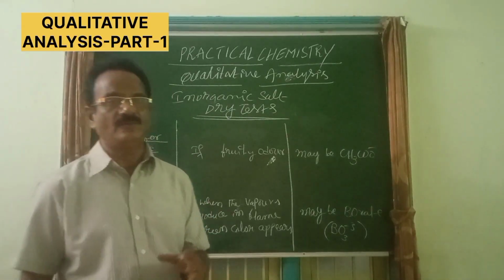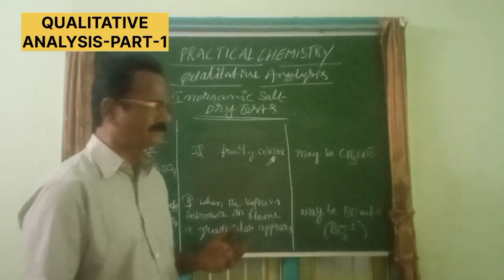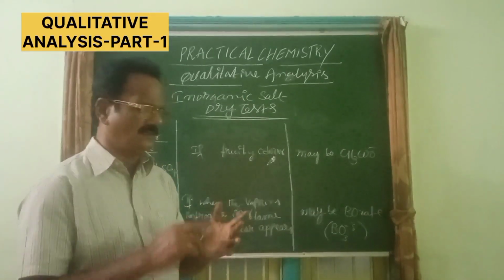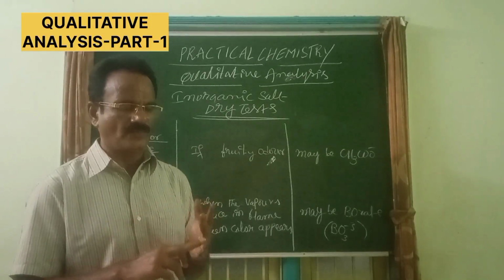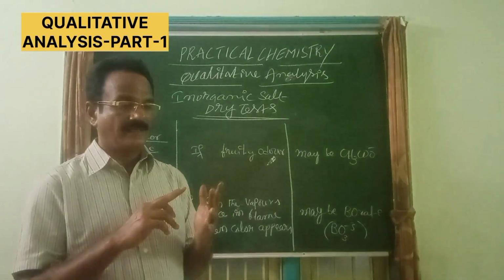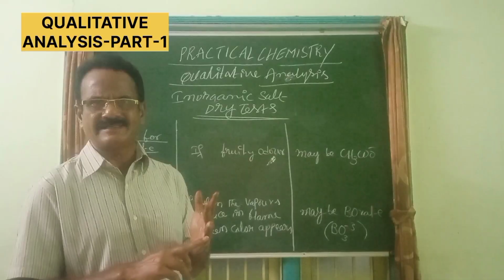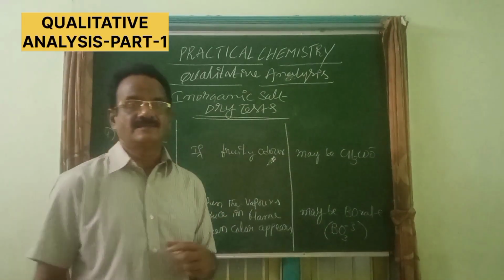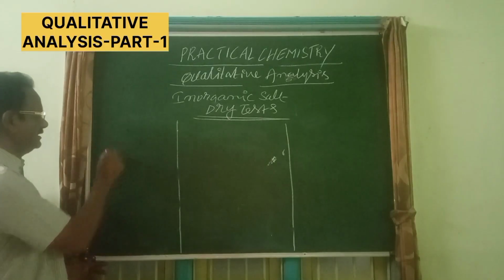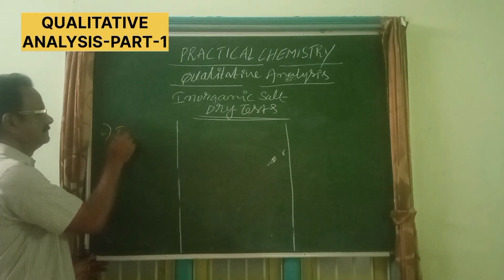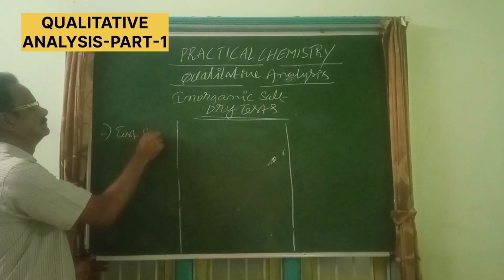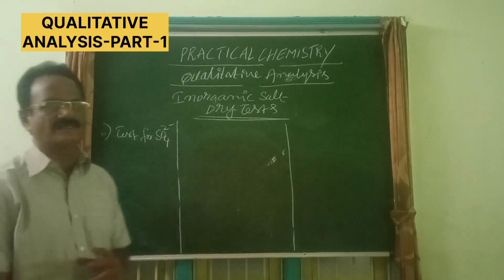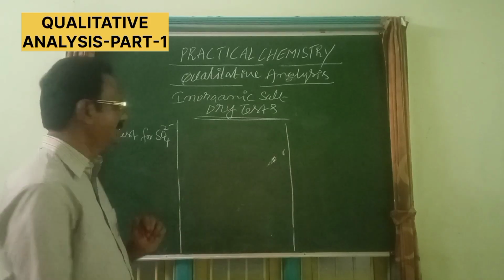So up to now we have analyzed almost 6 ions, I think: carbonate, chloride, bromide, nitrate, acetate and borate. Now see here, test for sulfate, SO4 2 minus.